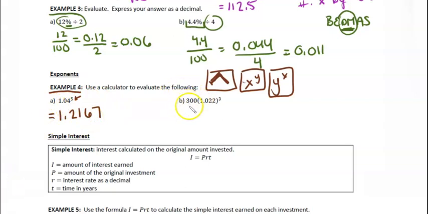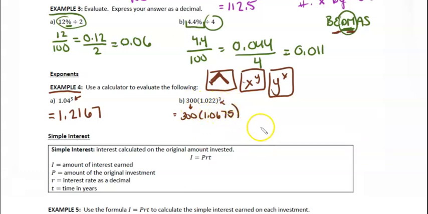So B, 300 times 1.022 to the exponent 3. Okay, again, in BEDMAS, exponents come before multiplication. So I'm just going to move this 300 down. Okay, and then we're going to apply the exponent first. So 1.022 to the exponent 3, I get 1.0675.